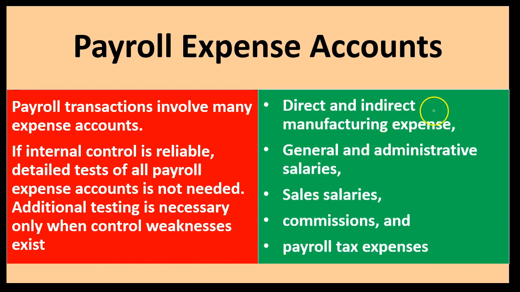The types of categorizations include direct and indirect manufacturing expense, general administrative salaries, sales salaries, commissions, and payroll tax expenses. Note that if you're in a company that is more simplified, like a service type of company, then you're probably going to have less of this breakout of different type of items.